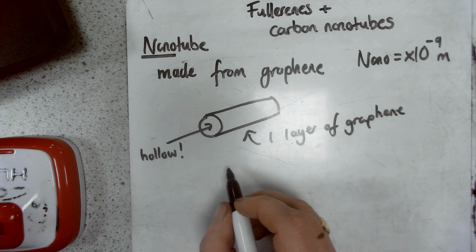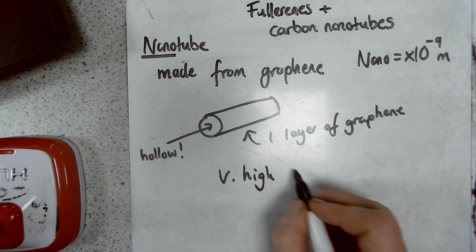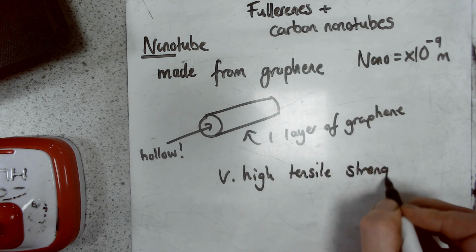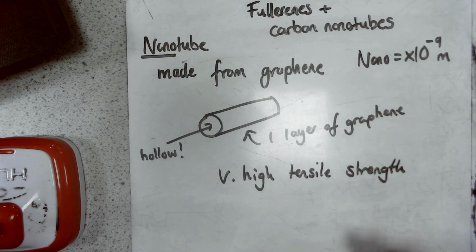Nanotubes have a very high tensile strength. Okay, in other words, they're very resistant to breaking, right? You have to put quite a lot of force into these relative to their size to break them, and that is all down to the fact that they have those strong covalent bonds.